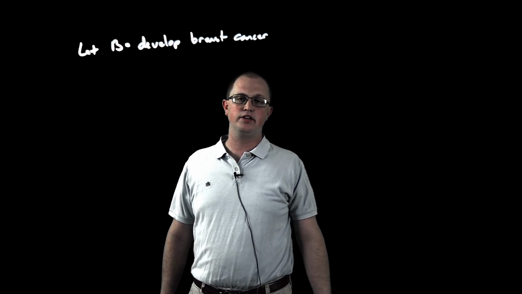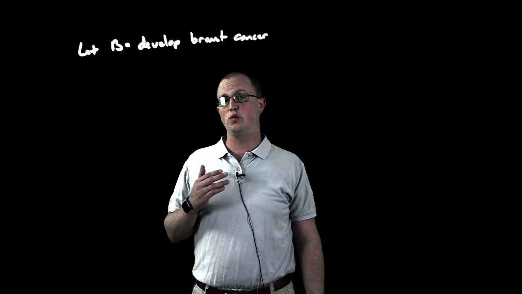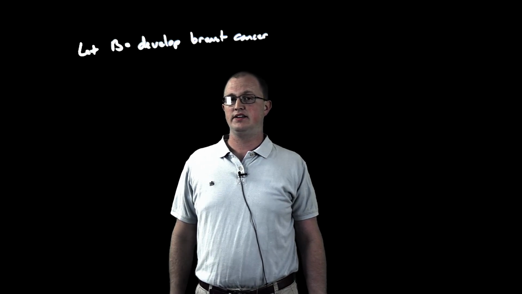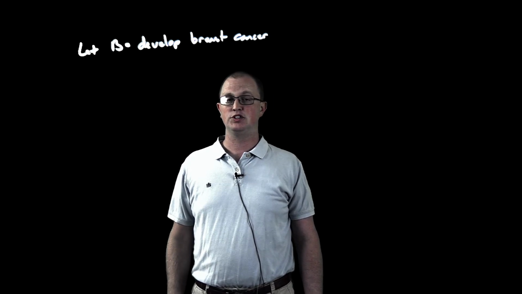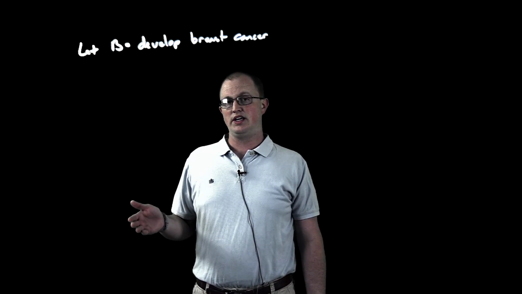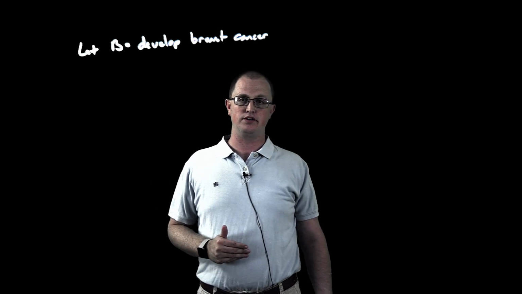And let's consider a particular test for breast cancer that for women who develop breast cancer, that test comes back negative 2% of the time. So what we're saying is that this gives a false negative 2% of the time.